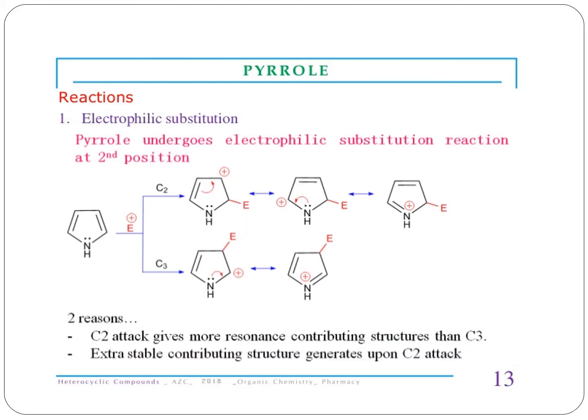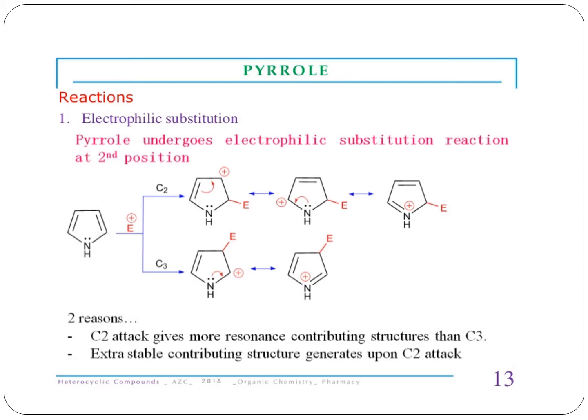Then, further reactions of pyrrole: basically, electrophilic substitution occurs in pyrrole. Pyrrole undergoes electrophilic substitution reaction at the 2 position. Here we can see the resonating structures of pyrrole, the movement of electrons, the delocalization of electrons.